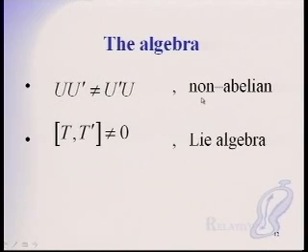And the word we use is non-abelian. A group where multiplication does not commute is said to be non-abelian. And if you look at this property in terms of the T's, the corresponding property is that the T's do not commute. And we say this is a Lie algebra.